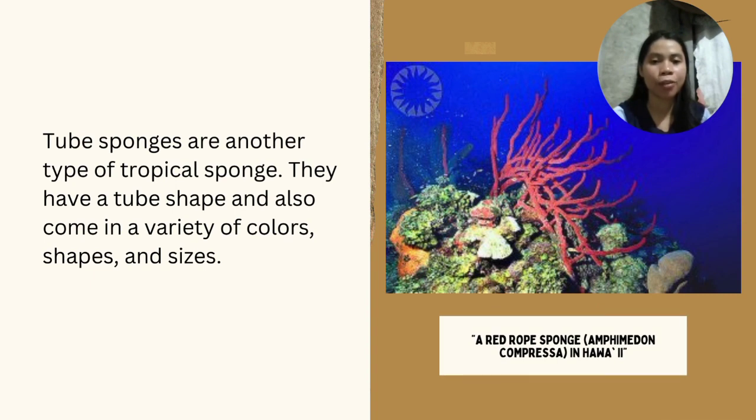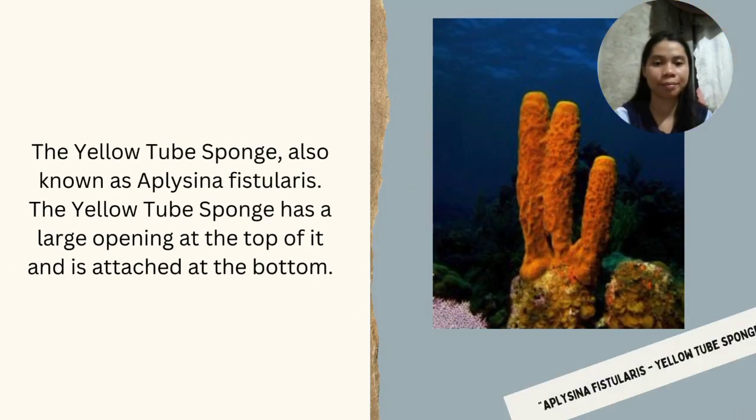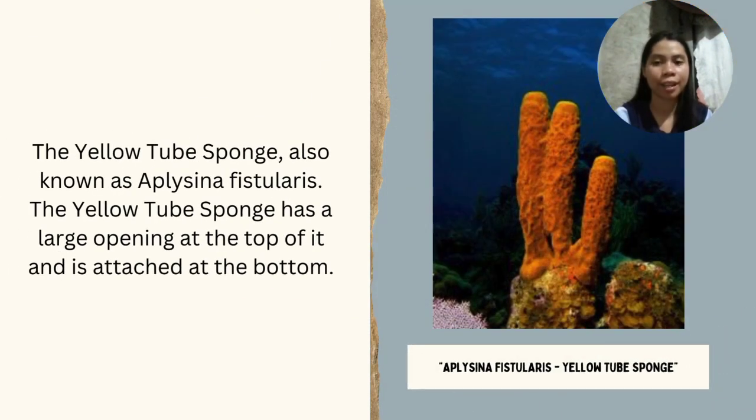And the second is the reed rope sponge. Tube sponges are another type of tropical sponge. They have a tube shape and also come in a variety of colors, shapes, and sizes. And the third is Aplysina fistularis, the yellow tube sponge.